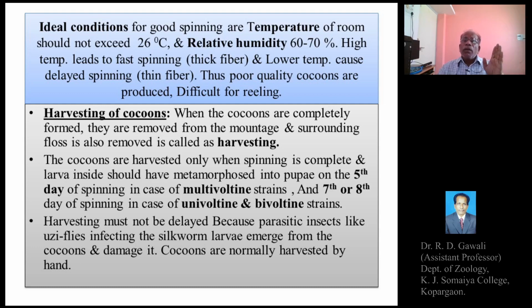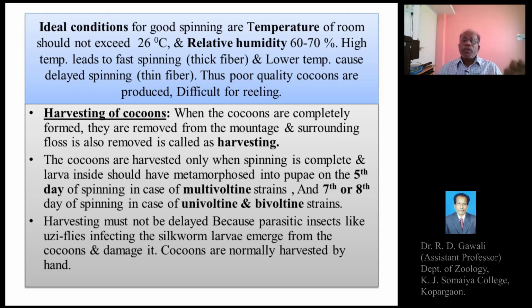After pupation, if we collect the cocoons late, this will result in the development of the adult moth from the pupa, and it can emerge by piercing the cocoon on one side. On the side where the chrysalis has its head end, the head of the moth develops, and with the help of mouth parts it cuts open the cocoon on that end, and the adult moth can emerge.